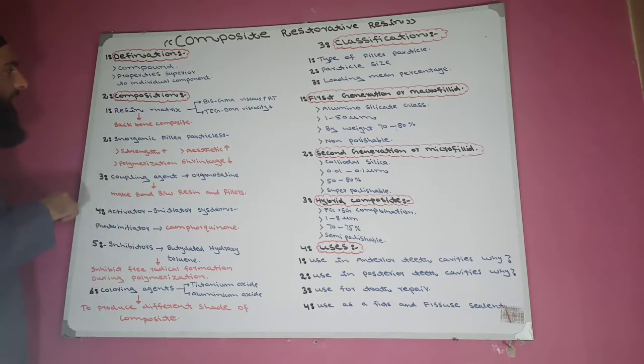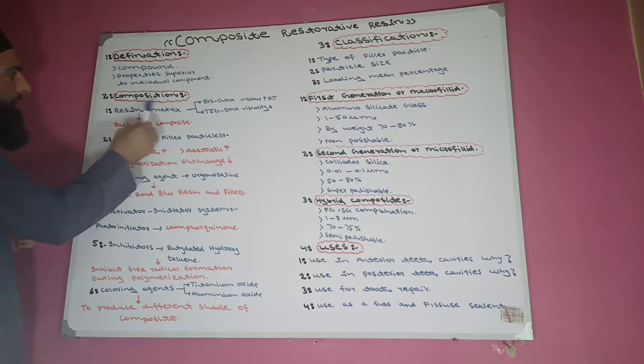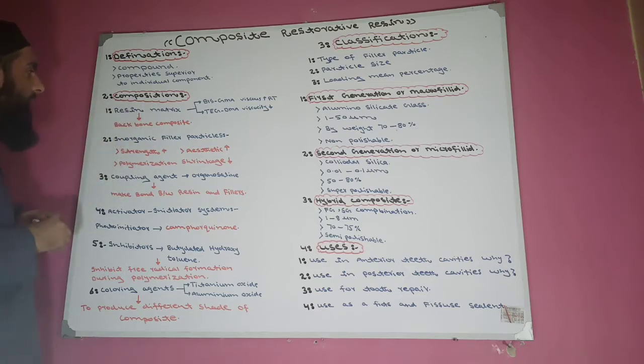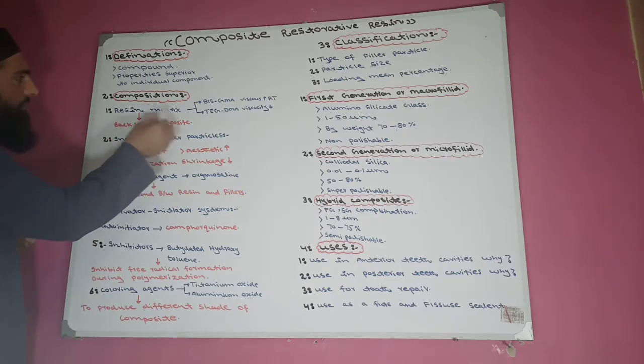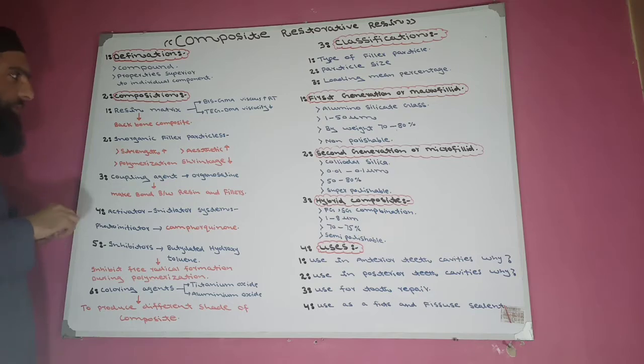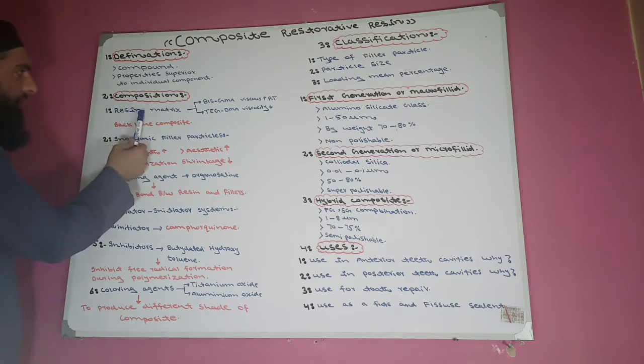First, let us compare the resin matrix with composite. Composite has all 6 components, but if we compare the single resin matrix with composite, the resin matrix does not have strength. Why?